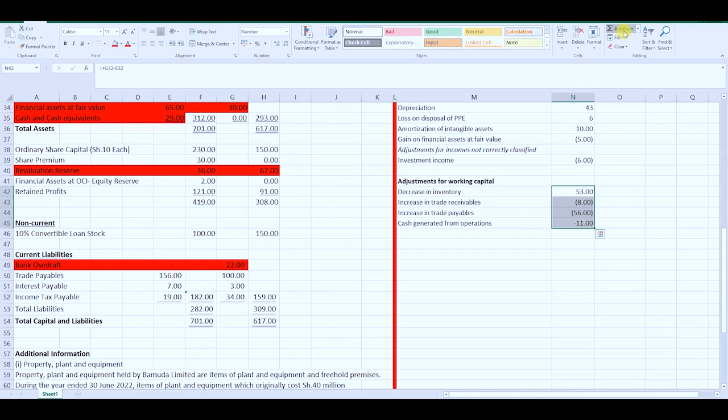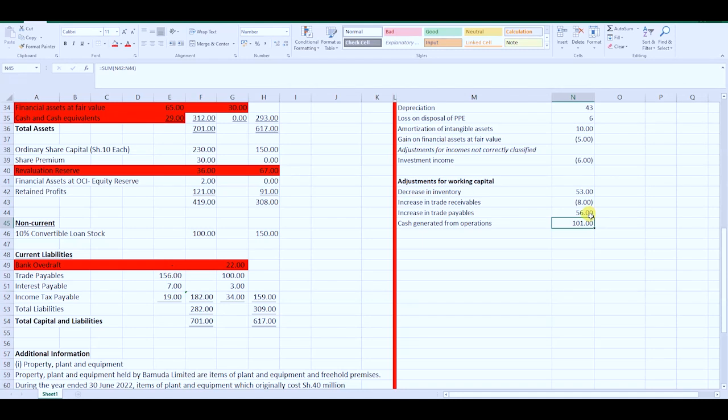So if it's an increase in trade payables, we are saying that it should represent an actual increase in trade payables. So it should be plus trade payables, this value minus, sorry, I did it the other way around, that value minus the 100 over there. So we should be able to have 56.